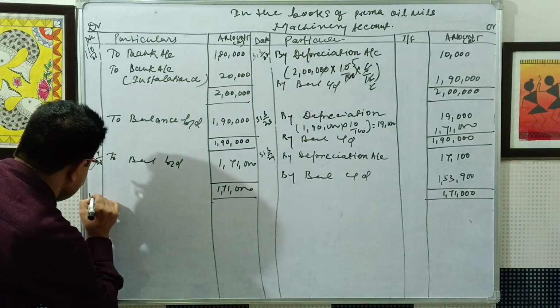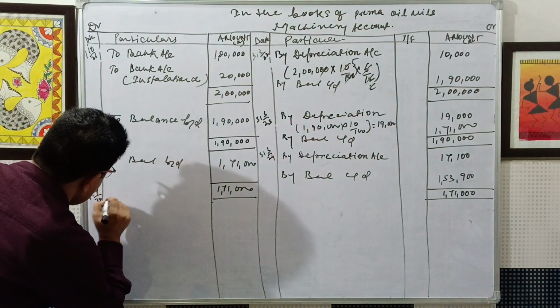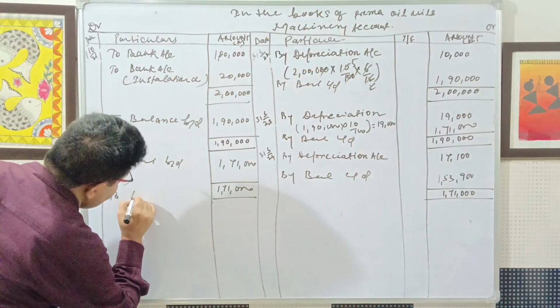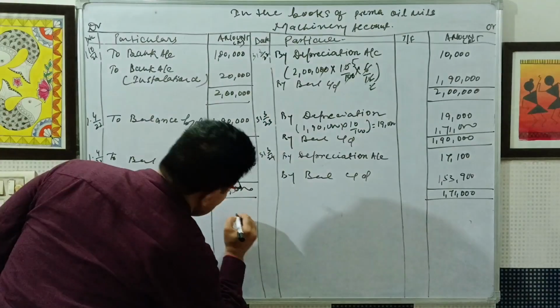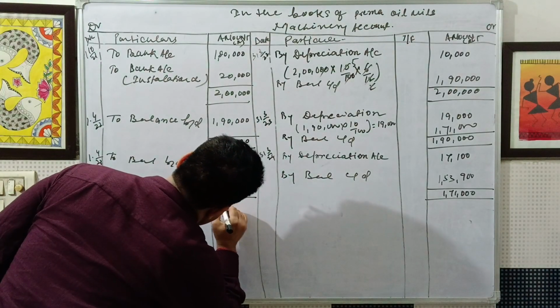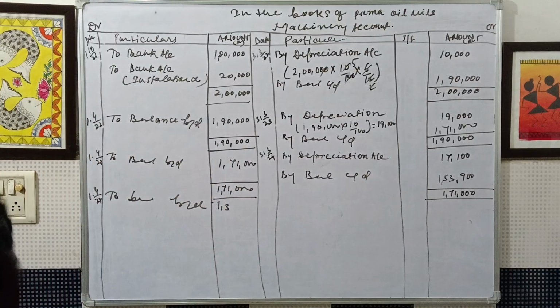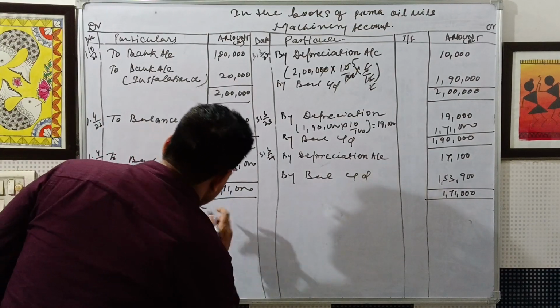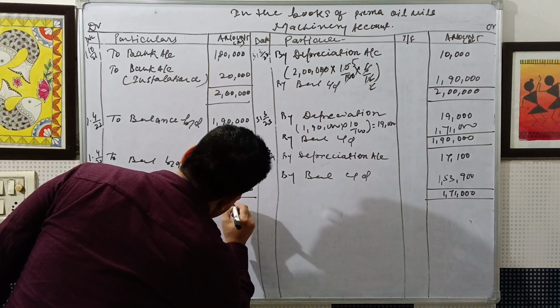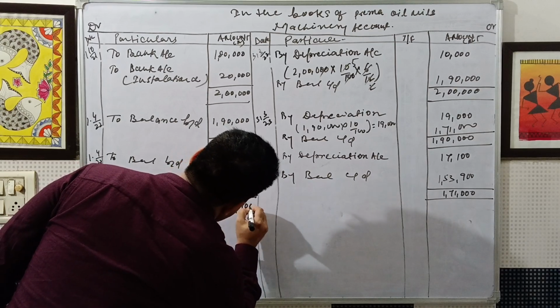Now 1st April 24, to balance b/d, how much? 1,53,900.